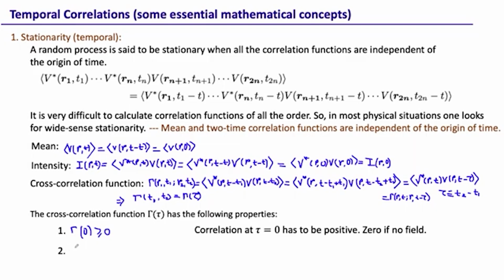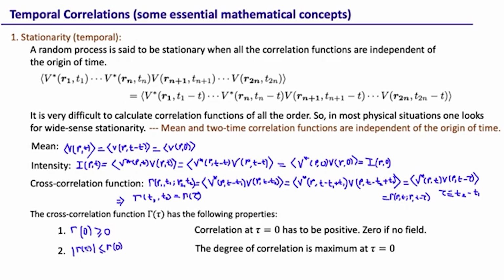The second property that we have is that gamma at some finite tau, the modulus of that, has to be less than gamma of 0. That means the degree of correlation should be maximum at tau equal to 0, and as tau increases, this quantity has to be less than what it is at no delay.